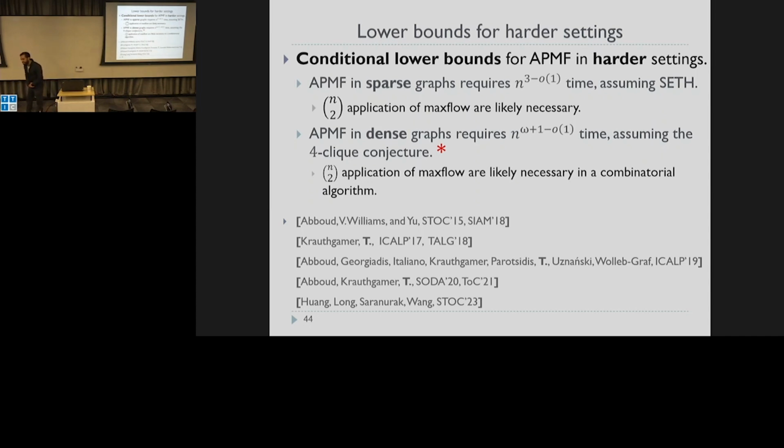So if alpha is, for example, what you can get best for clique, regardless. I'm sorry, can you please repeat the question? Let alpha be the best constant you can get for the clique conjecture with any method, whatever, matrix multiplication or whatever. Can you replace your bound with n to the alpha minus little o of 1? Do you simply have a reduction from the four-clique conjecture that doesn't care about matrix multiplication?